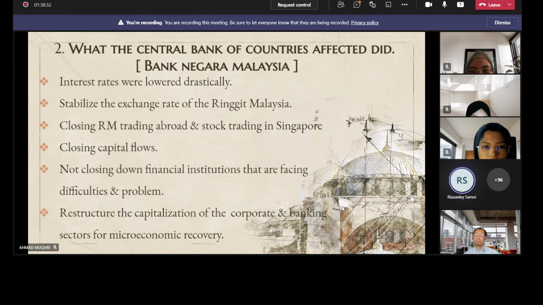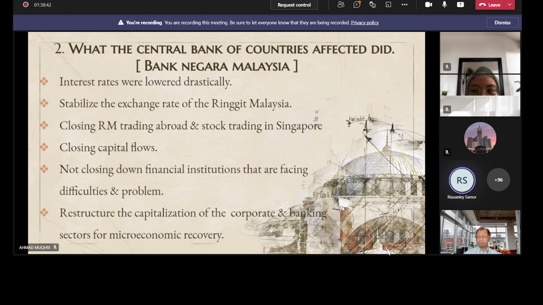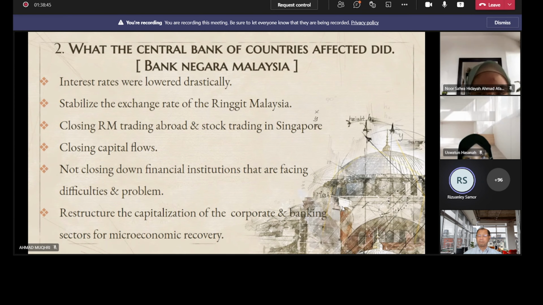One of the strategies is to set up a property fund that will manage assets to solve the problem of non-performing loans. And second, also to set up capital funds, which serve as a special agency to manage the capitalization of the troubled financial institutions. And the last, the government also established a corporate debt restructuring committee to facilitate corporate debt restructuring.